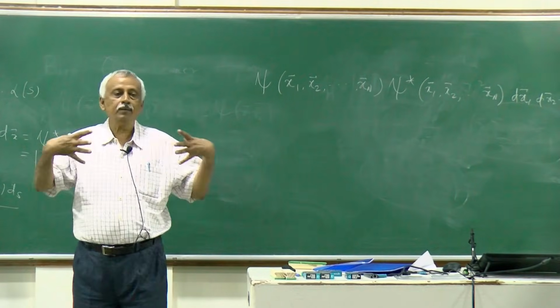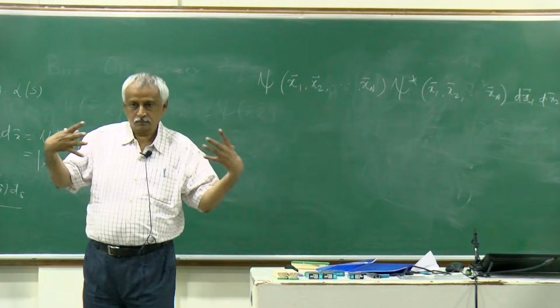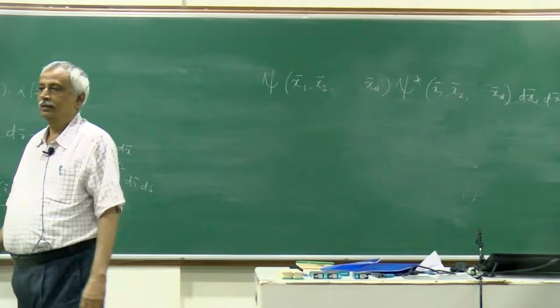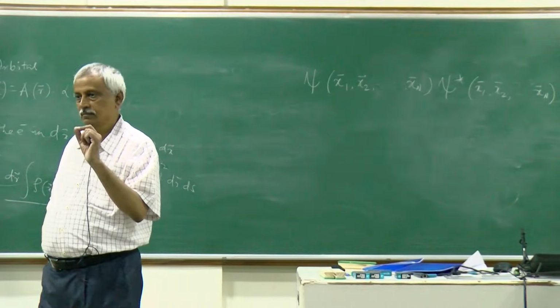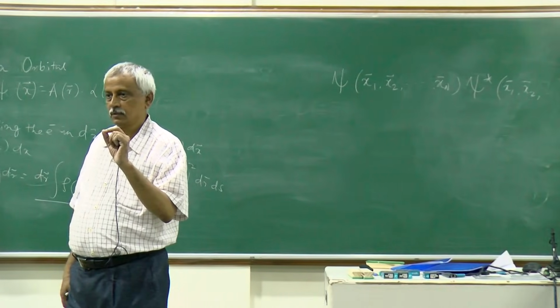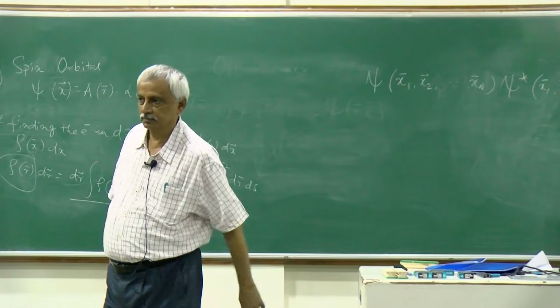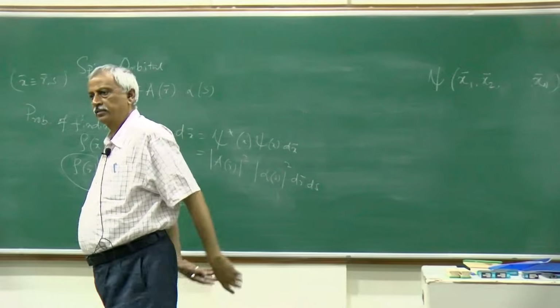Now, let's say I am reducing the dimensionality of the problem. I am telling you find out the probability of getting electron 1 in dx1 and forget about all other electrons, they may be anywhere.